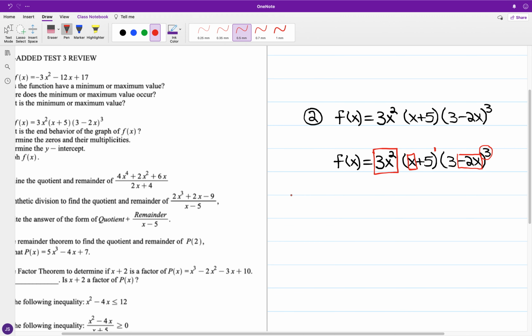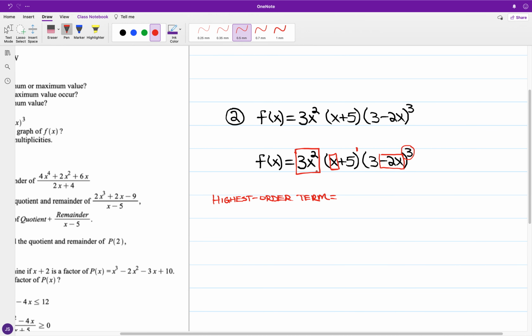So with the components, you have 3x squared and x to the first, so that is going to be x.